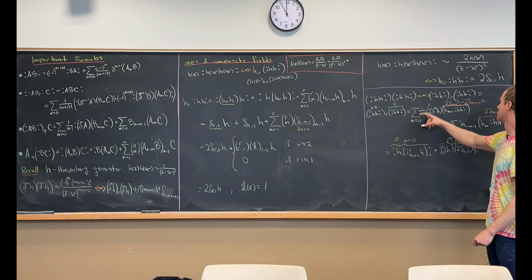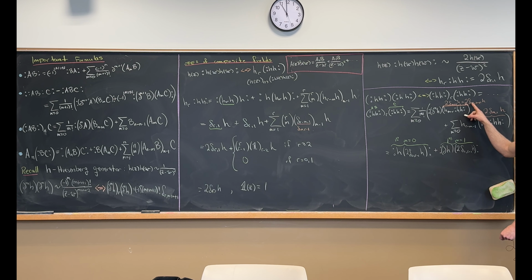By our argument, remember M is only going bigger than or equal to 0, but the only time this side is bigger than or equal to 0 is if R is 0 or 1, which corresponds to M being 0 or 1. So we don't need to go to M equals 2. We could have M equals 2 in here, but this is never 2 because this R is non-negative, loosely positive.